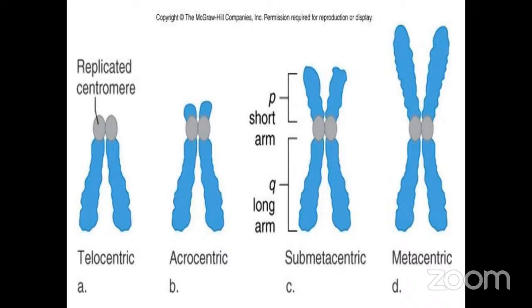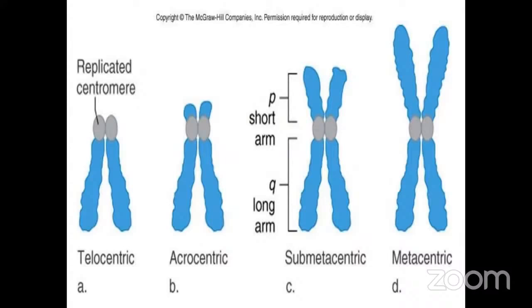Here we can see some chromosomes are telocentric. Some chromosomes are acrocentric, meaning the centromere is located near one end. In telocentric, the centromere is located at the end of the chromosome.